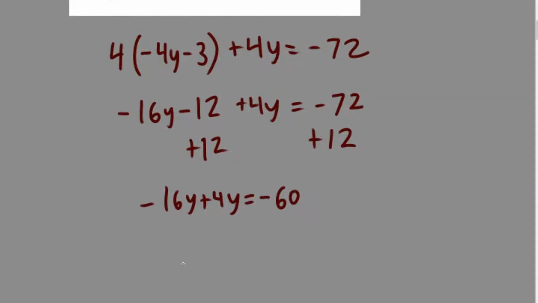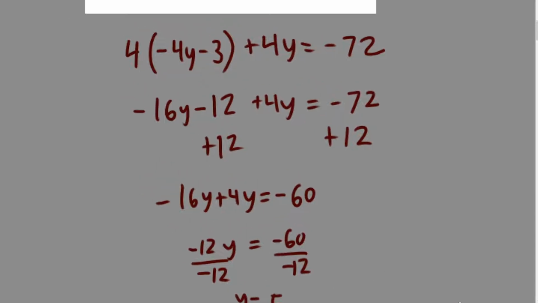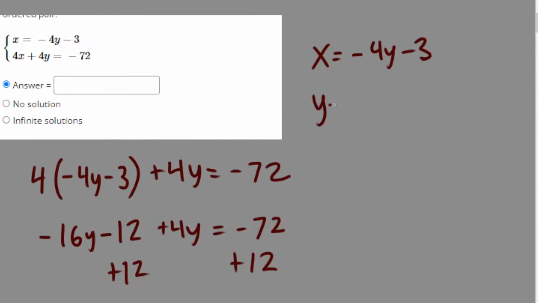Then I'm going to combine these two, so we have negative 12y equals negative 60. I'm going to divide both sides by negative 12. And so we get y is equal to positive 5, because 5 times 12 is 60. So now we know what y equals.